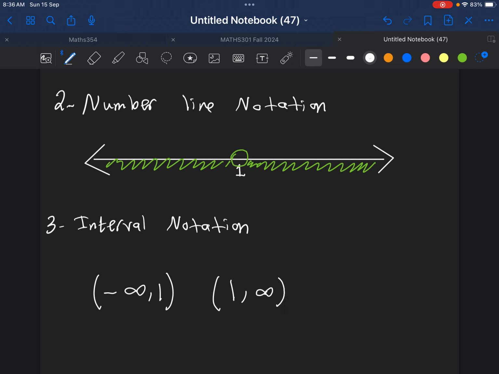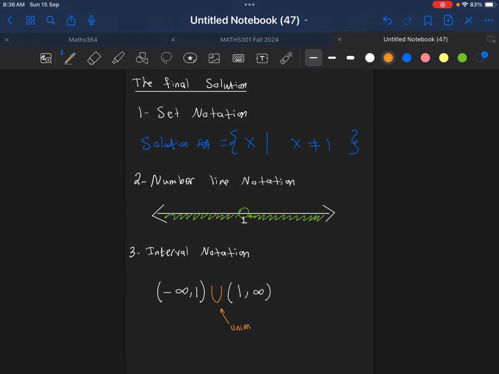I will write the interval for each piece, and then you will join them by this sign, which we call union. Keep in mind, if we have 2 pieces in the number line, the way to join them is by putting a union. And that's exactly what we get as the final answer for this question if x is not equal to 1.